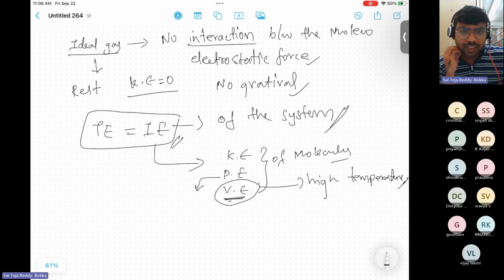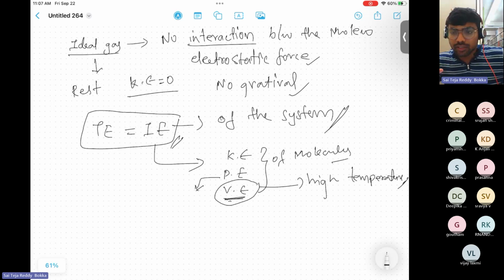Because there is no gravitational force and there is no electrostatic force between the molecules. For an ideal gas, there is no electrostatic force between any two molecules, or else there is no attraction force between any two molecules.